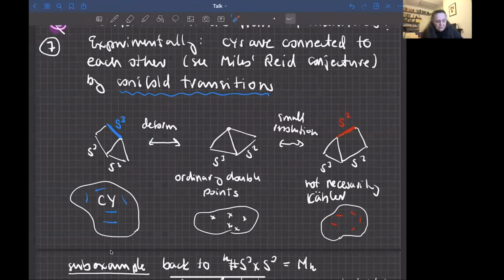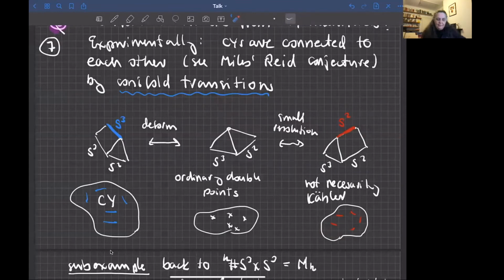On the other hand, what you can do is a small resolution of this point, and add instead, where you replace the tip of this cone, a rational curve, in fact, right? But when you do that in a generic way, this is not necessarily Kähler, right?